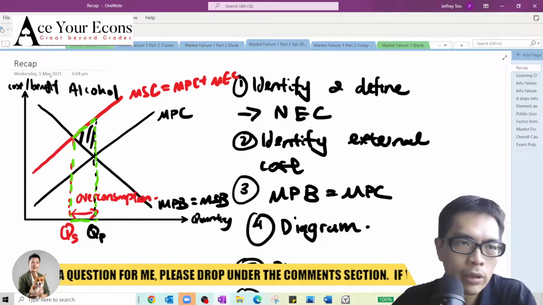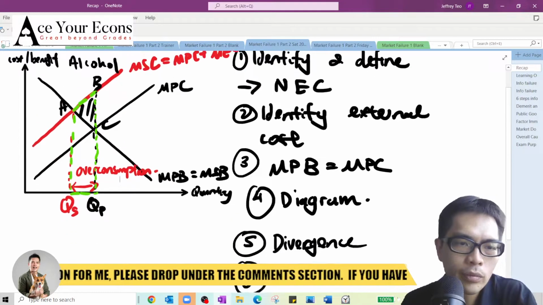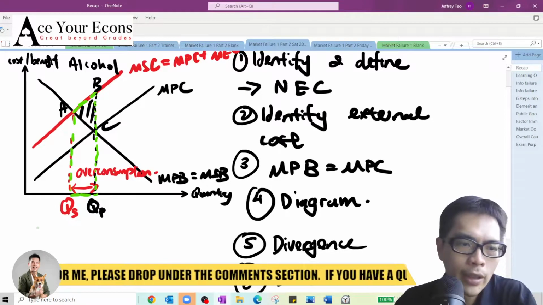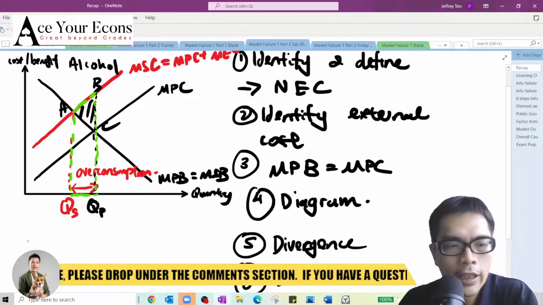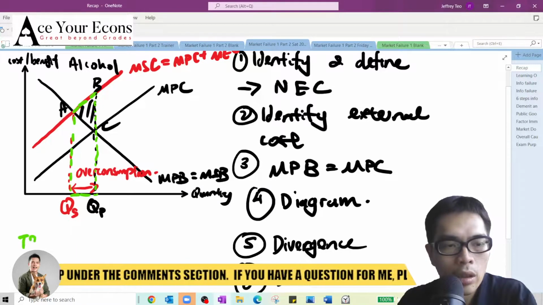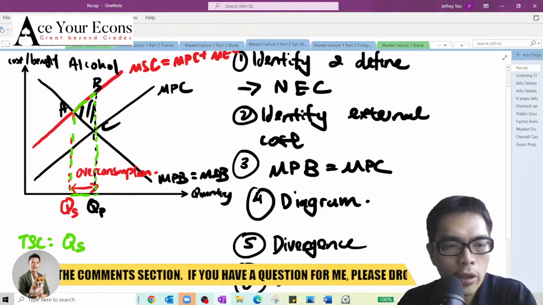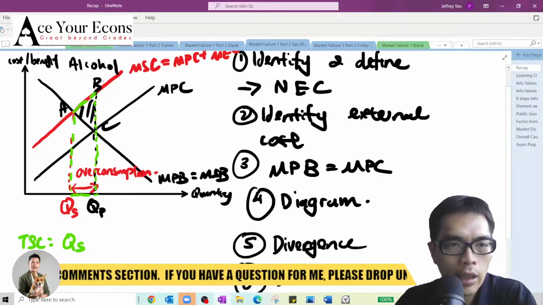I'll label this ABC for simplicity. So method 1, you'll want to find the key difference between total social cost and total social benefit between QS and QP. So total social cost, we have QS, A, B, QP.